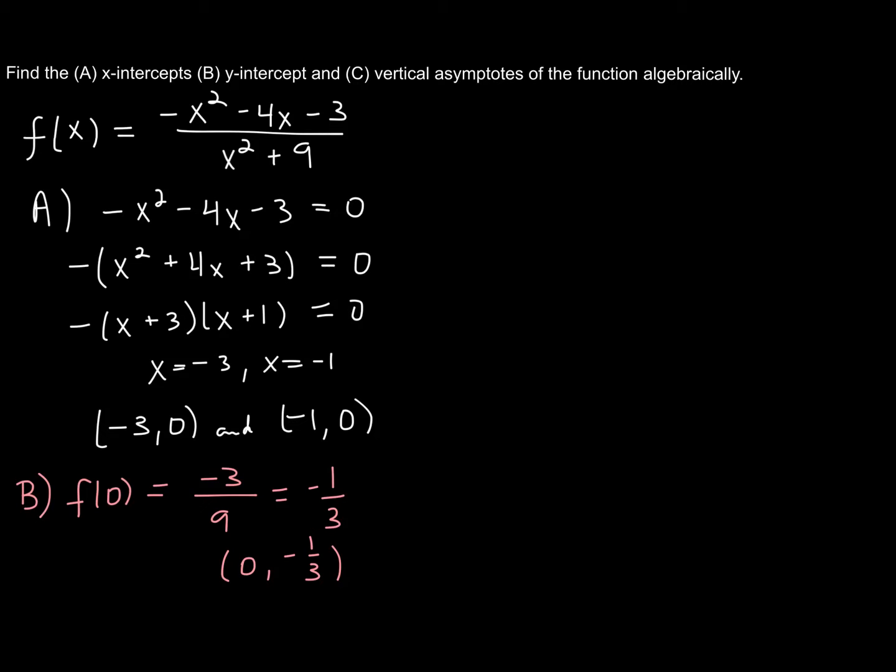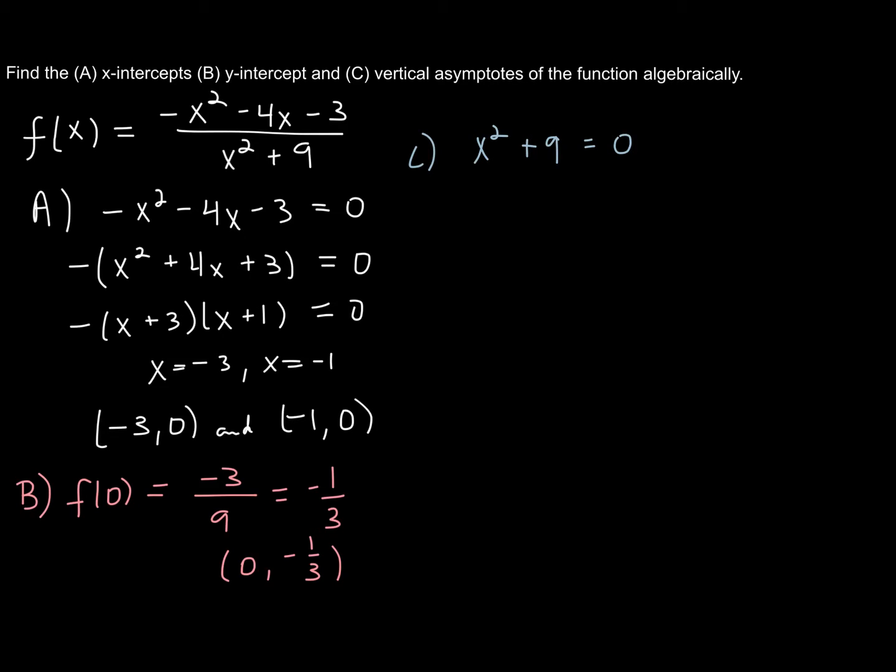Let's move on now to the vertical asymptotes. The vertical asymptotes are identified by finding where the denominator is 0, meaning where our function would be undefined because we can't divide by 0. So we will set our denominator x squared plus 9 equal to 0.